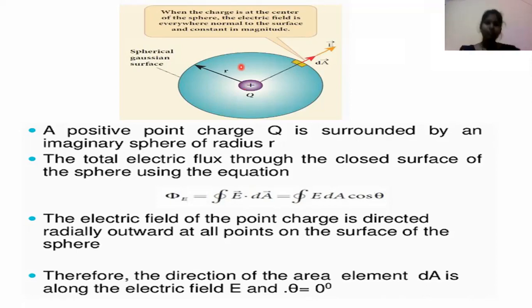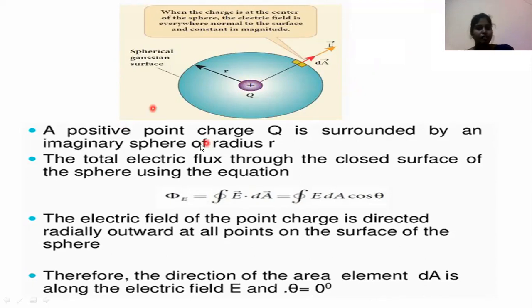To know that, we have to assume a Gaussian surface, which is an imaginary surface. We are assuming a spherical Gaussian surface of radius r, with the charge at the center.